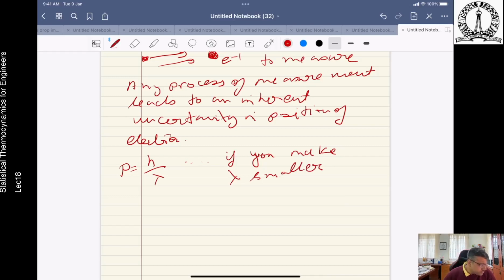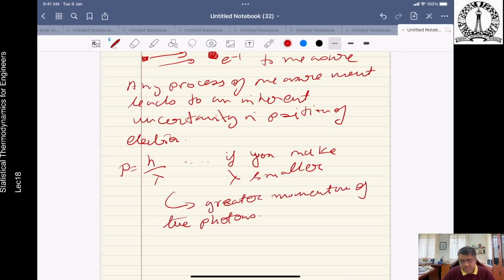This leads to a greater momentum of the photons. So the smaller lambda becomes, the greater is the momentum of the photons.